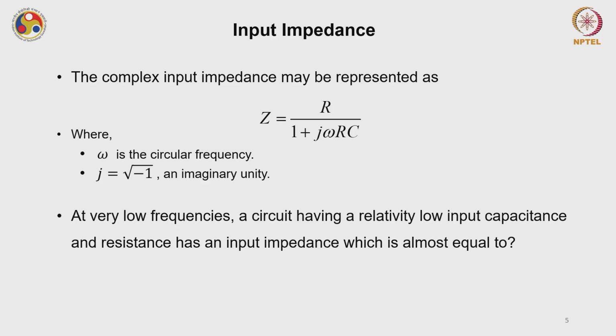At very low frequencies, if omega tends to 0, what will be the input impedance? Z is almost equal to R, right? So basically you have only the resistive component in this complex impedance.